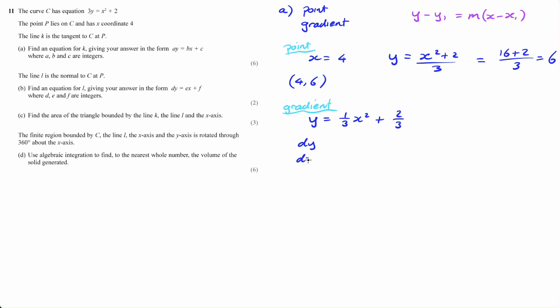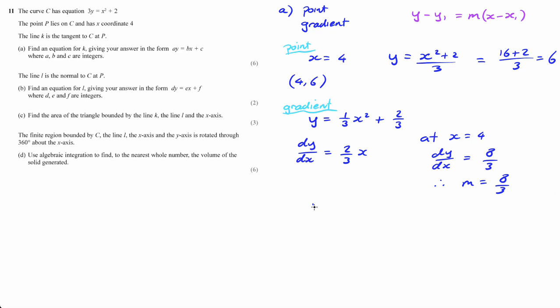Dy dx equals multiply by the power, 2 over 3x, subtract 1 from the power, and then this actually just becomes 0. So the derivative is 2/3 x. And then I'm going to say at x equals 4, dy dx equals 8 over 3. So I have the gradient. The gradient is now 8 over 3. I'm going to write, therefore, m equals 8 over 3.